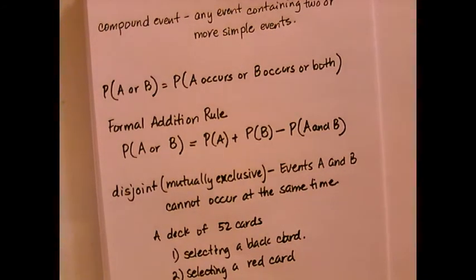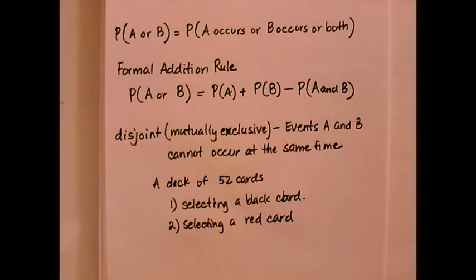That's an illustration of a disjoint event, because you cannot select a black card and a red card at the same time. So in this case, that will be disjoint. And we'll look at some examples of what disjoint events are.